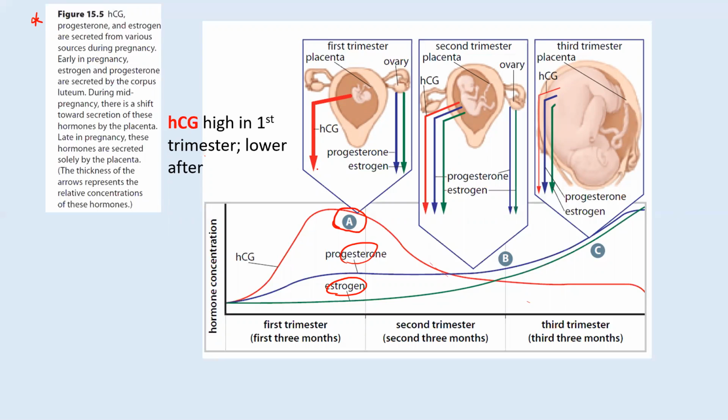HCG maintaining from the ovaries, progesterone, estrogen in the first trimester. Notice that the arrows get smaller and smaller, and these arrows get larger because this is coming from the placenta. And then it takes right over because baby's so big and the uterus is so large now, all your progesterone, estrogen is not coming from the ovaries, it's coming from the placenta.